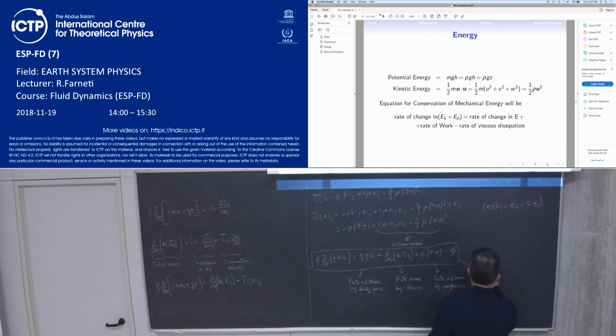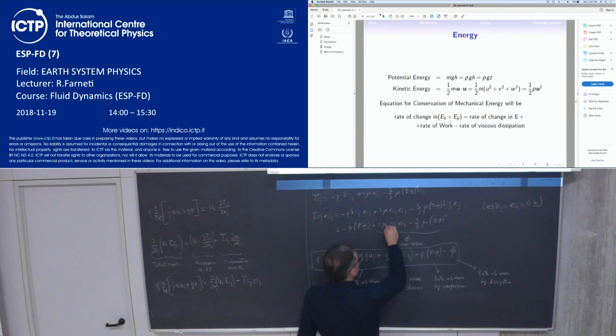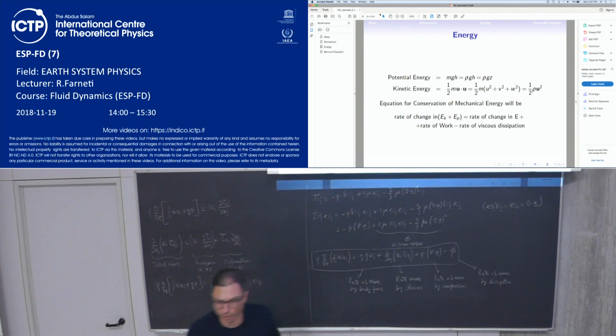And this is the rate of work by dissipation. Okay? And it's always negative because it's always a sink of energy, and it's always related to the viscosity, and it's proportional to the square of the velocity.